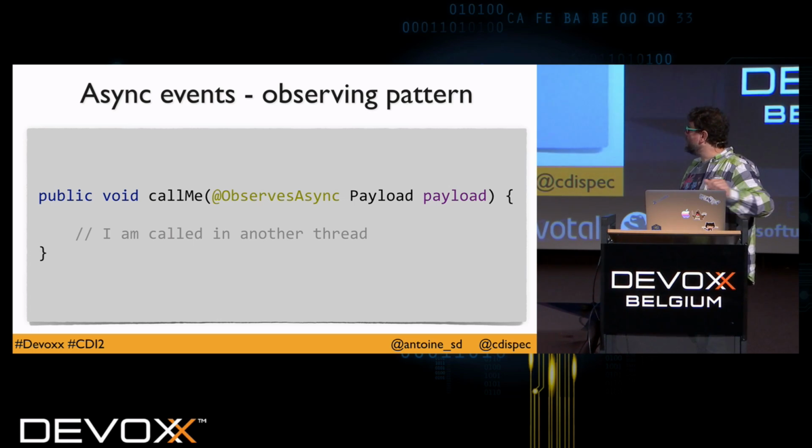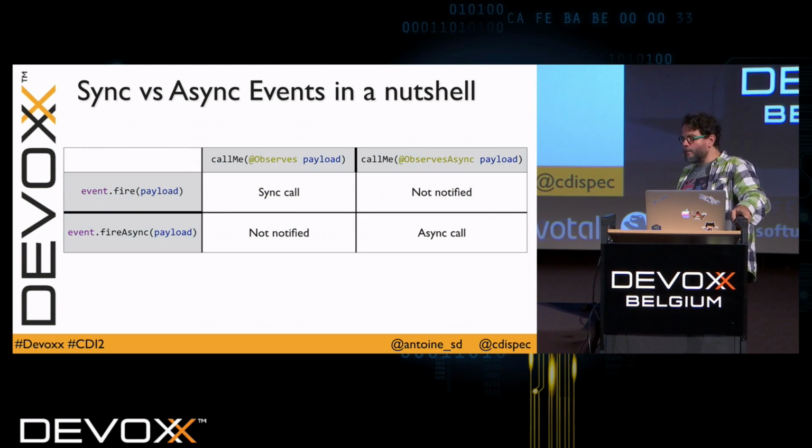So to summarize, you have the old way of doing things synchronously with @Observes, which will be triggered by event fire, and you have the new way of defining an observer with @ObservesAsync, which will be called by the fireAsync method.